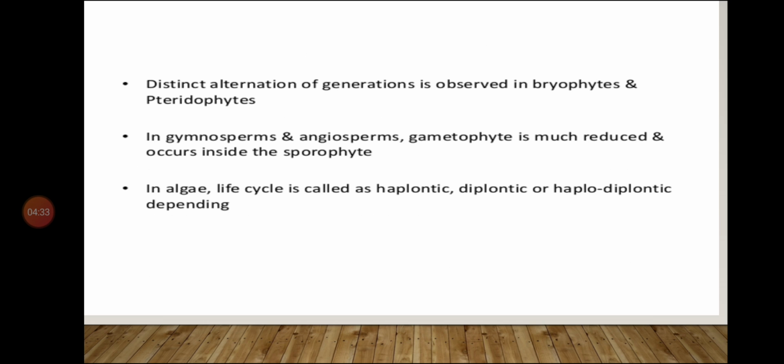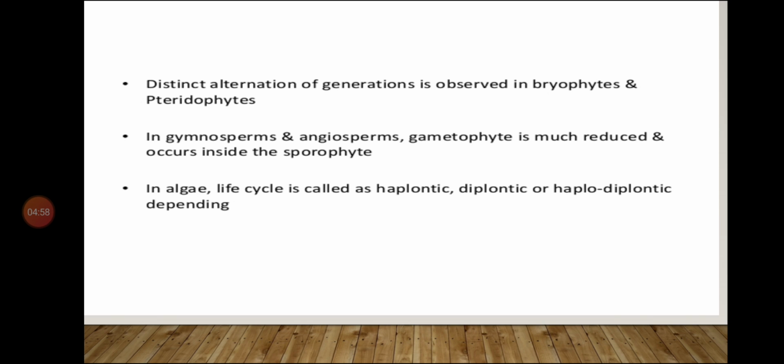Distinct alternation of generation is observed in bryophytes and pteridophytes. In gymnosperms and angiosperms, the gametophyte is much reduced and occurs inside the sporophyte. That means it is smaller and it occurs inside the sporophyte.